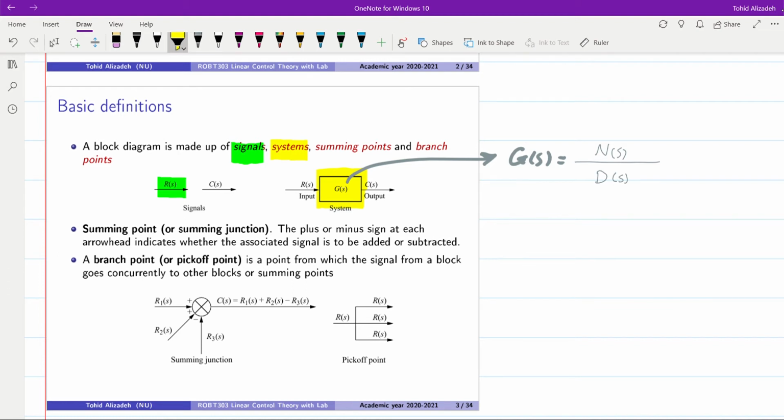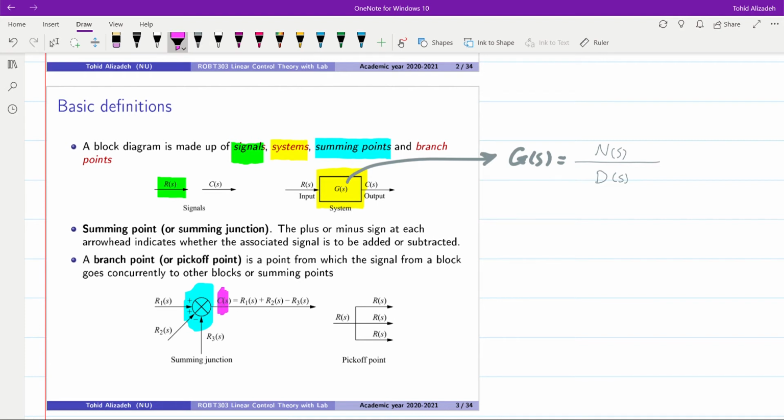And then we will have some summing points. So this will be the summing point. As the name suggests, the summing point is the point at which a given number of signals arrive, and then they are added to each other or subtracted from each other. And as a result, we will have another signal.